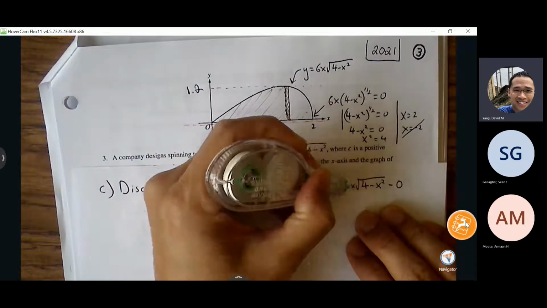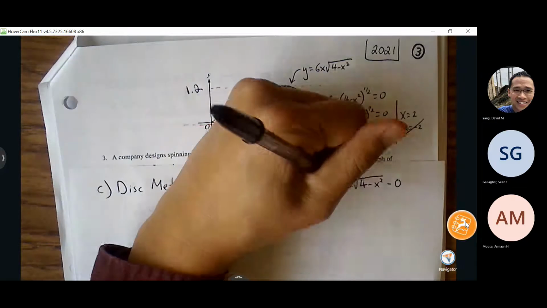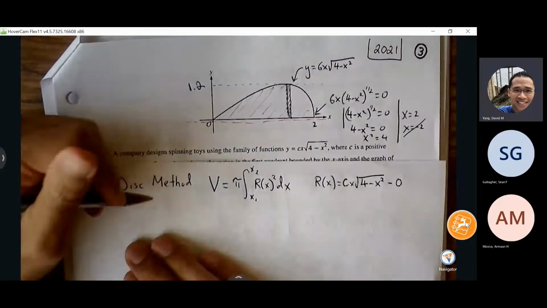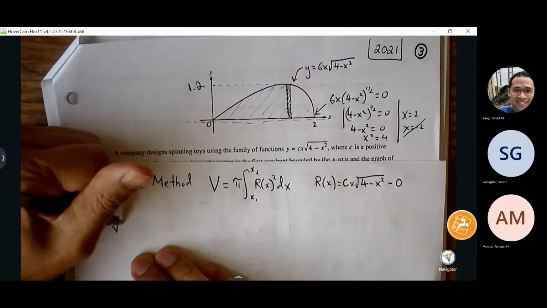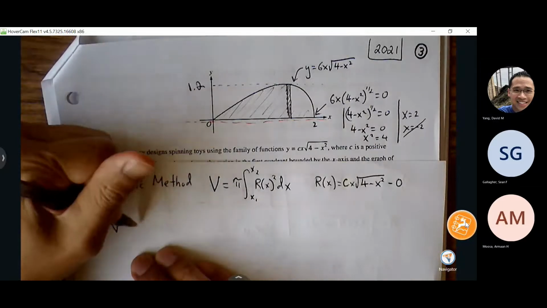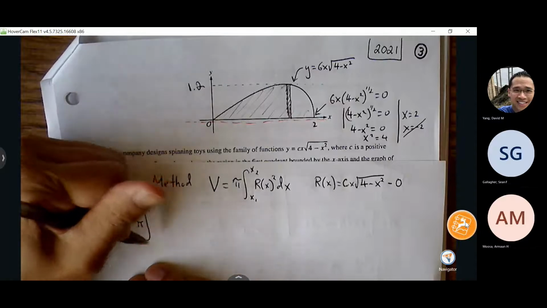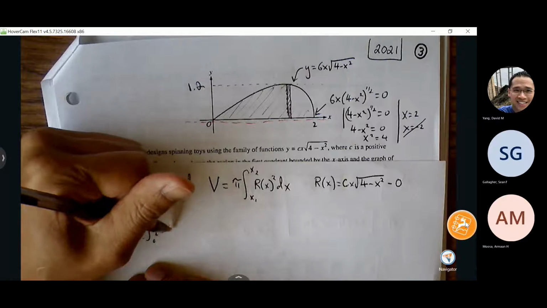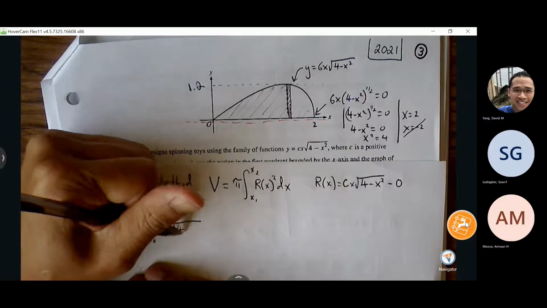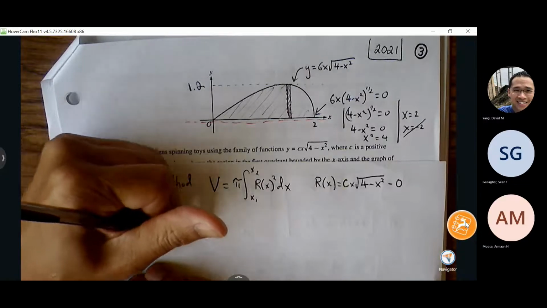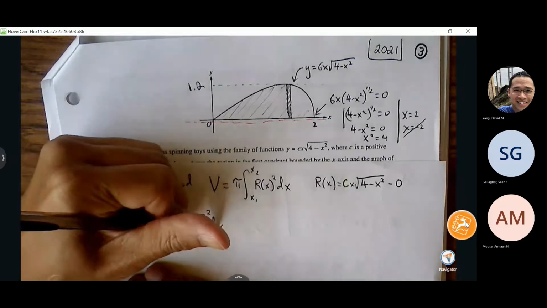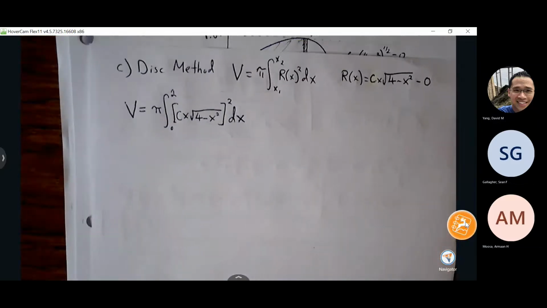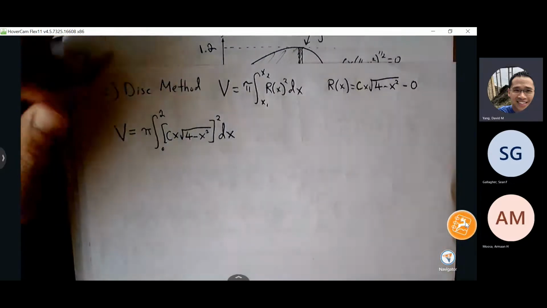We'll go back to C. Okay, set everything up here. So we got to work this out by hand. No calculator.